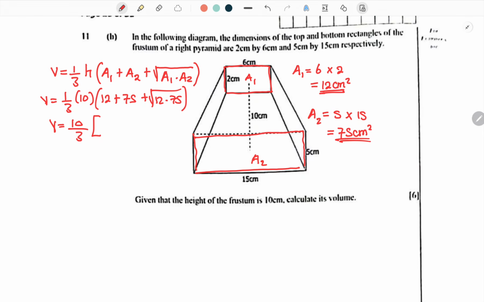Okay, so we are going to punch everything. So we're going to start with 12 multiplied by 75. Then we find the square root, which is going to be 30. So we're going to have 12 plus 75 plus 30.